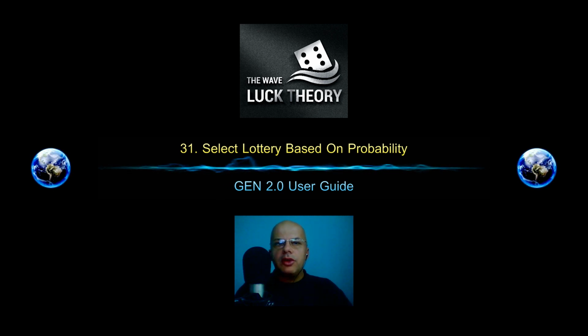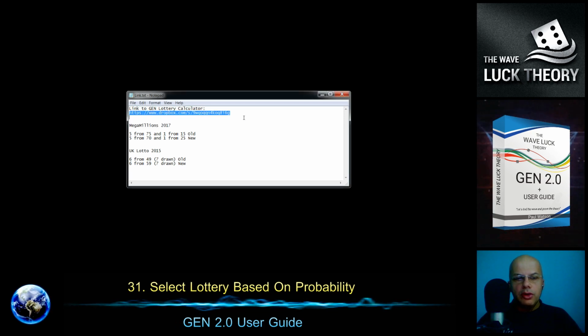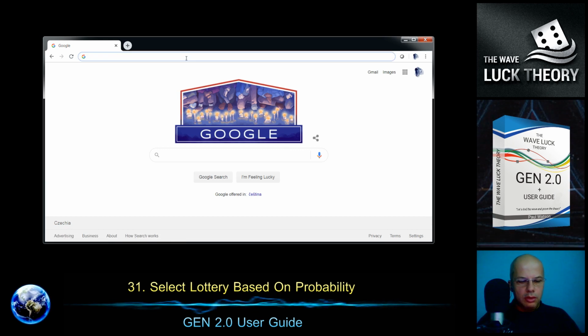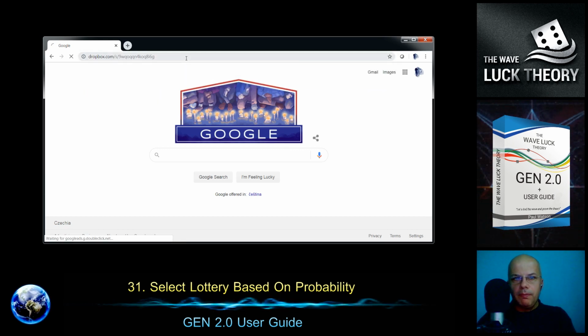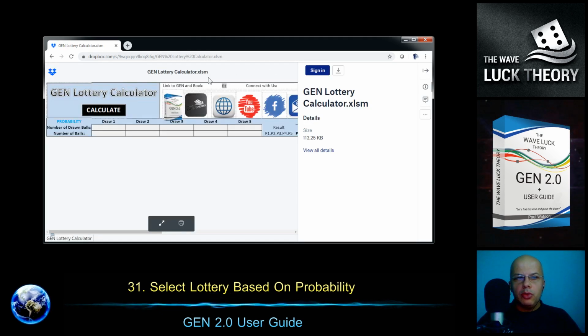Let's start. At first, I will download the calculator from the link that you have in the description of this video, and we have the link and we got into the interface.